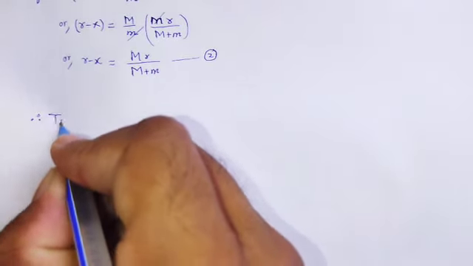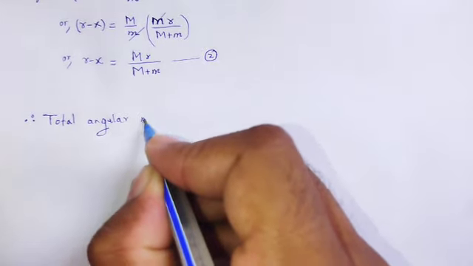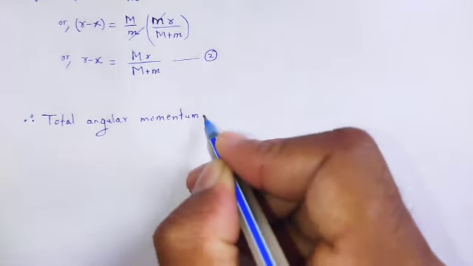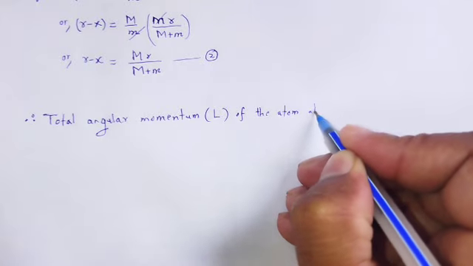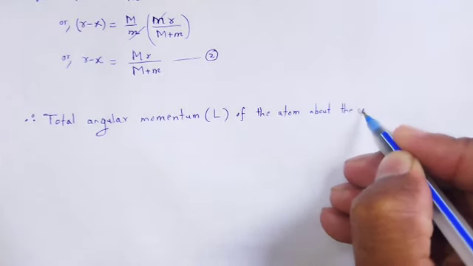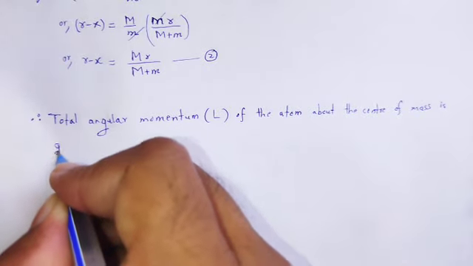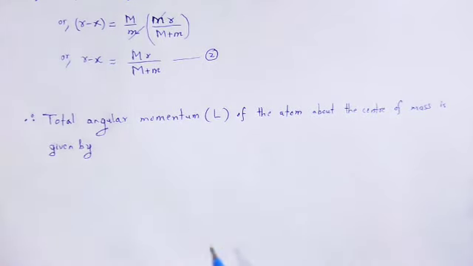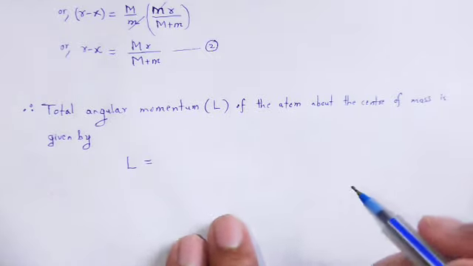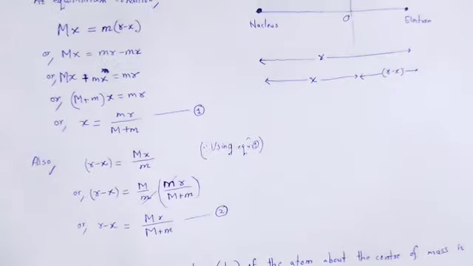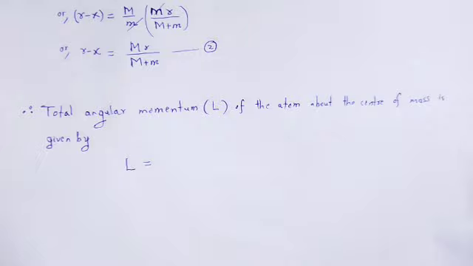Therefore, the total angular momentum L of the atom about the center of mass is given by: total angular momentum L is equal to angular momentum of the nucleus, that is moment of inertia into angular velocity.